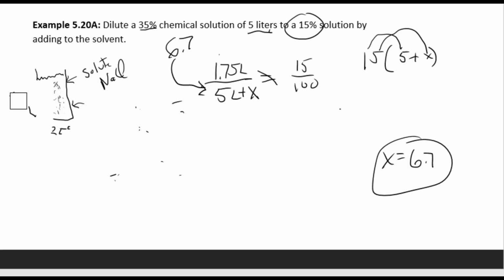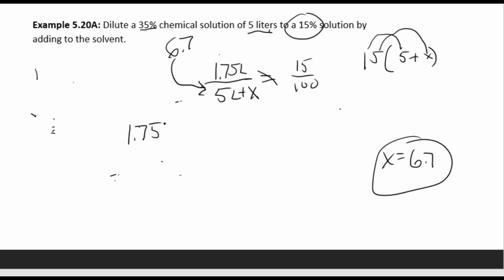I'm really going to check my work here. So I have 1.75 liters of the solute. And now I added 6.7 liters down here. So that would be 11.7 liters. So let's see what my concentration is per 100, the percentage of concentration. And I'm not asking you to do this, I'm just doing this for you to check this here.